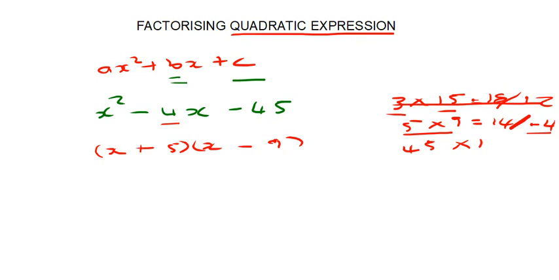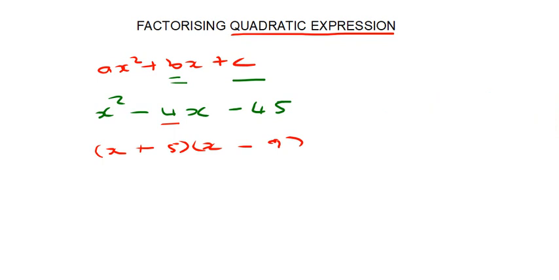Then you can prove this. Let me erase. I can prove this by doing the FOIL. So x multiplied by x gives x squared. Then x multiplied by negative 9 is negative 9x.